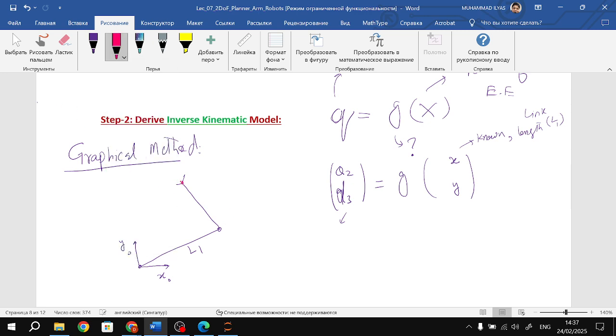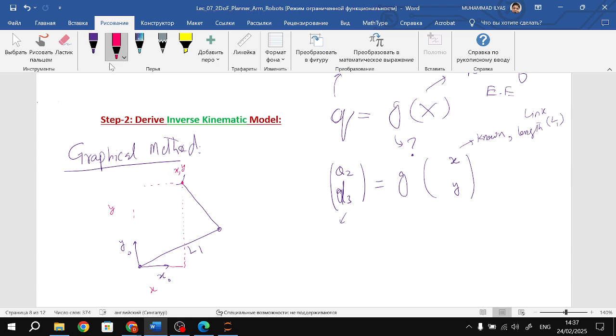This point has coordinates x and y with respect to this base frame, right? It means that this point is x and this point is y. So let's draw a drawing.